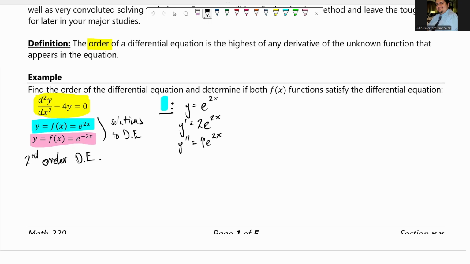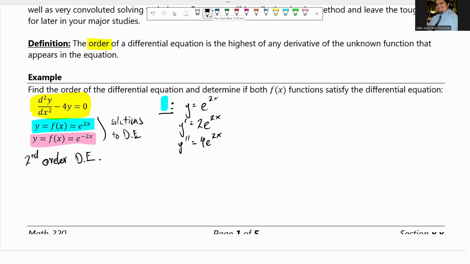This is all we need. I need just the second derivative and the original, so I get to plug them back into the differential equation itself.